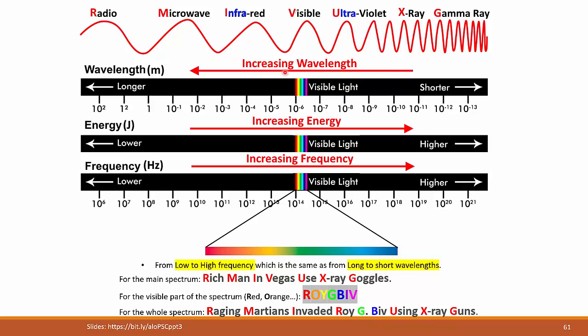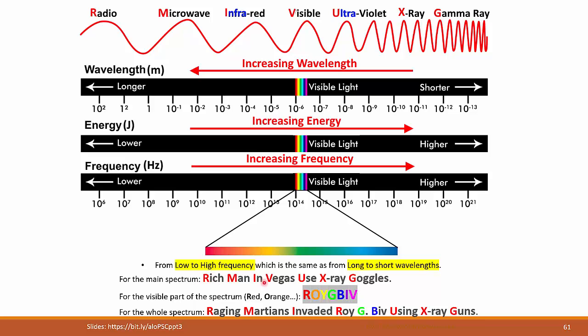Now, to remember the order of these waves, we have a few mnemonics from low to high frequency, which is, again, the same as from long to short wavelengths. Okay, to remember this order, we can use this mnemonic. Rich men in Vegas use X-ray goggles.